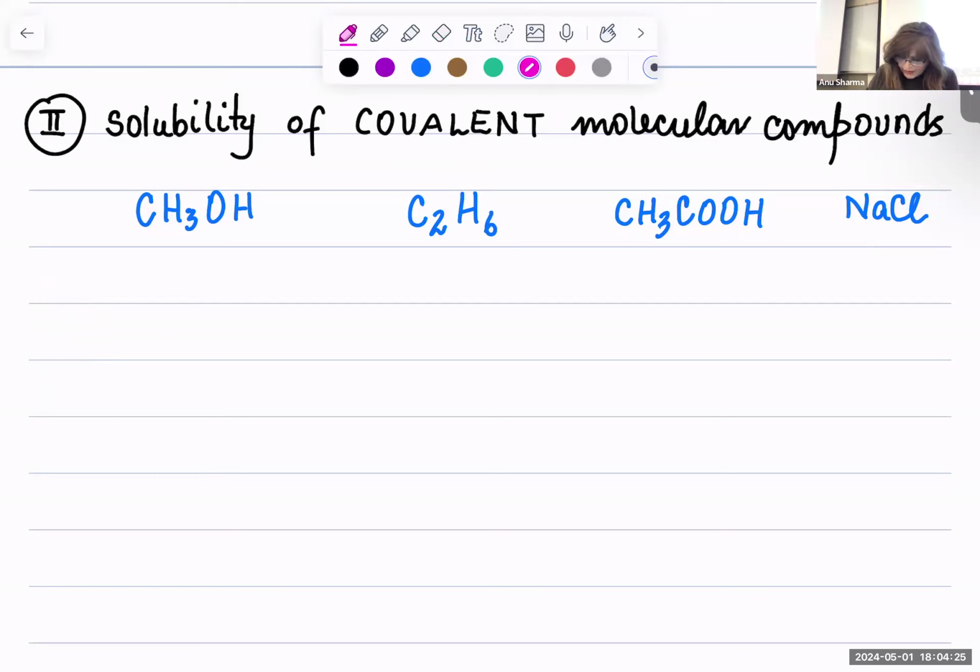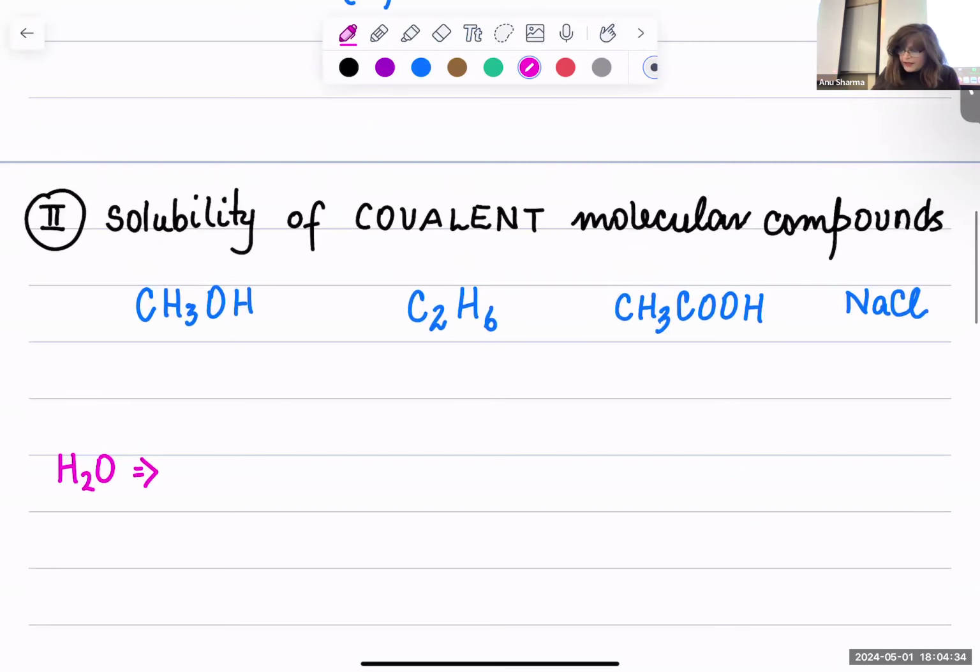What is water? H2O. And what are the properties of water? What kind of molecule is it? Polar or non-polar? Polar. So the solubility of covalent compounds is based on the rule: like dissolves like.